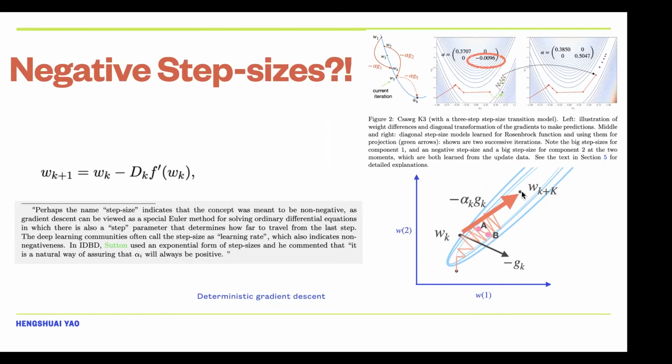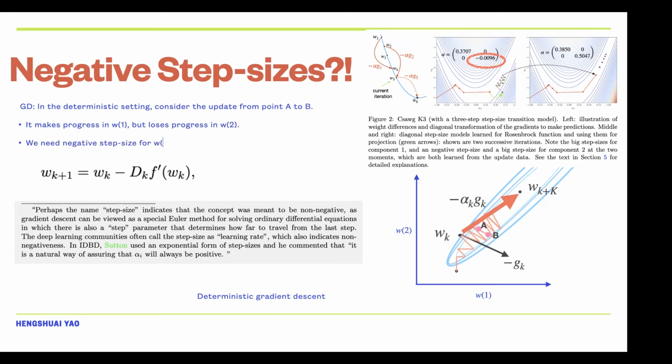But from A to B, we make a downward motion. This is a backward motion that loses the progress of our gradient descent in W2. We lost progress in W2. So that basically means for fast convergence, we need a negative step size for W2 and a positive step size for W1. That explains why we need a negative step size even in deterministic gradient descent.